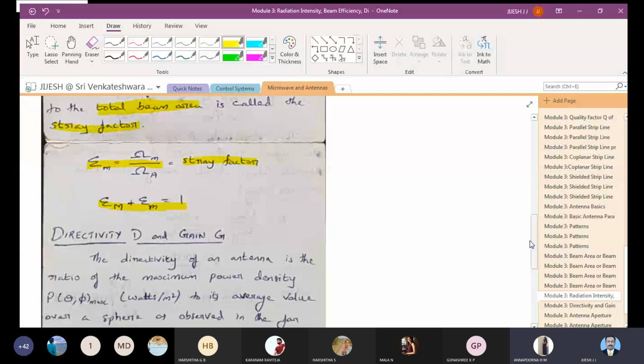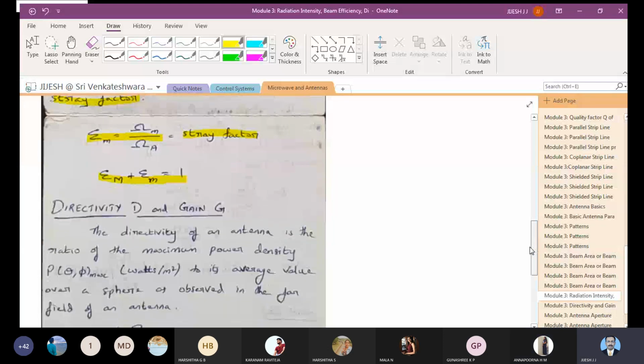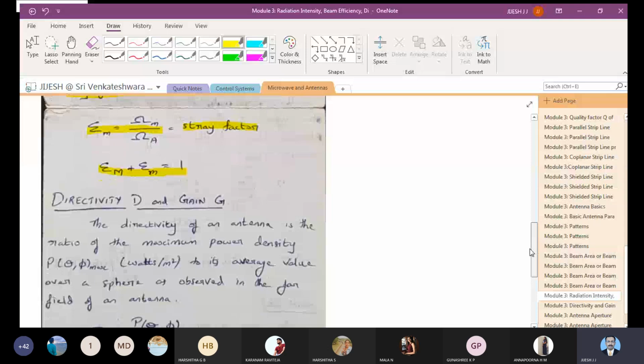Next is directivity and gain. So what do we mean by directivity and gain? It's a very important thing to understand. It is mostly asked in most of the question papers, and even in the lab you will be doing it.